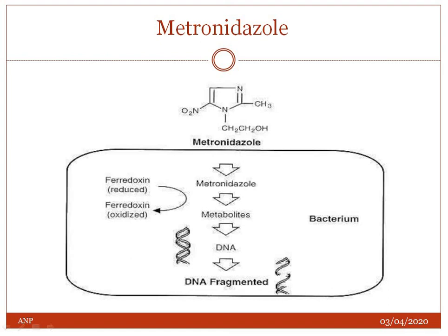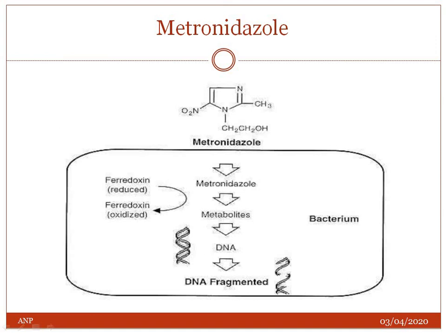Basically, metronidazole is a prodrug and it requires reductive activation of the nitro group by susceptible organisms. It is selectively toxic for anaerobic and microaerophilic pathogens such as Entamoeba histolytica. This organism contains electron transport components such as ferredoxin, which has the ability to donate electrons to metronidazole.